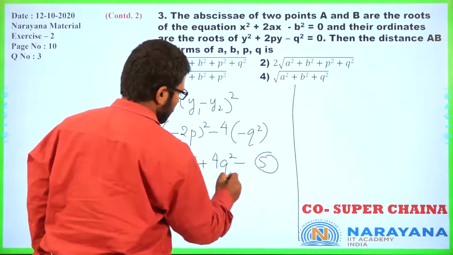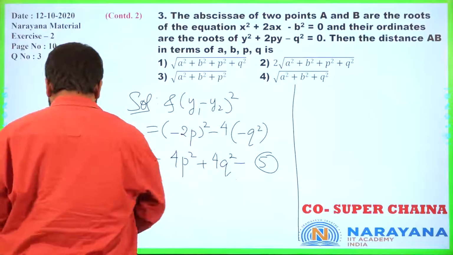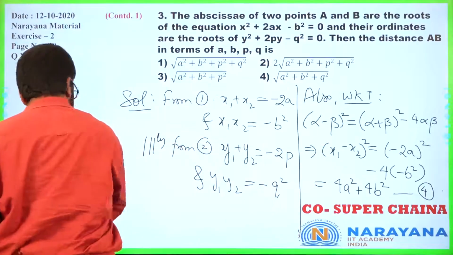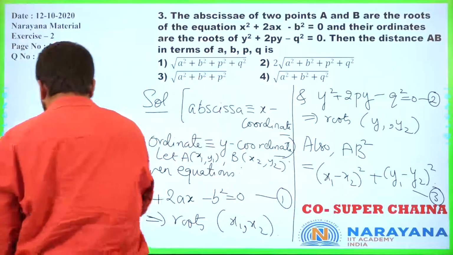Mark it as 5. Okay, so now you see, in 5 you have (y1 minus y2) the whole square. Then in 4 you have (x1 minus x2) the whole square. And we have said earlier AB square equal to just this, right?